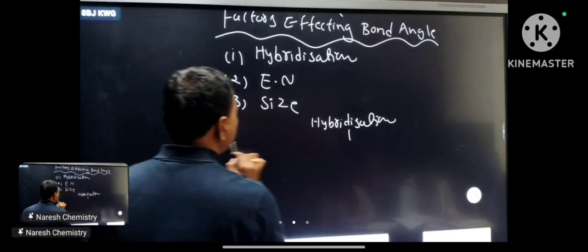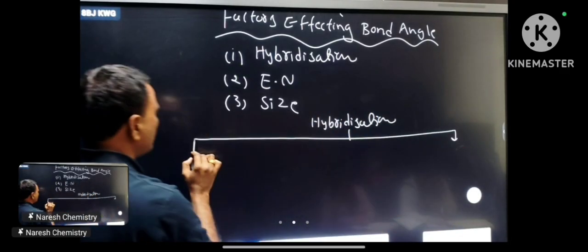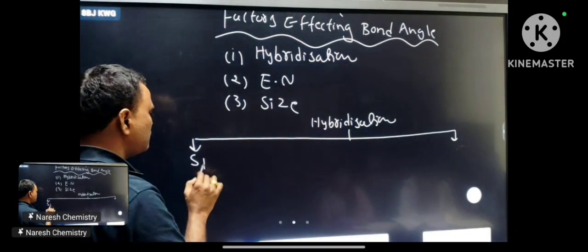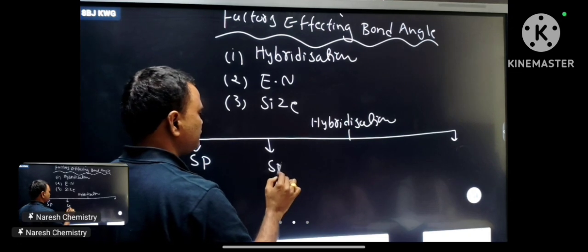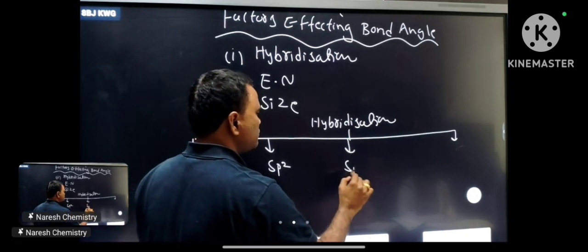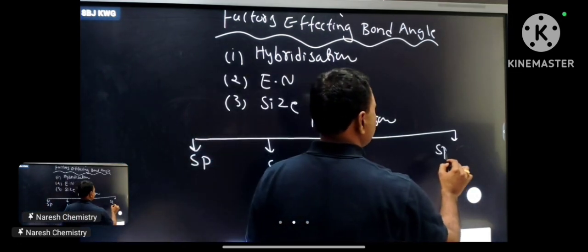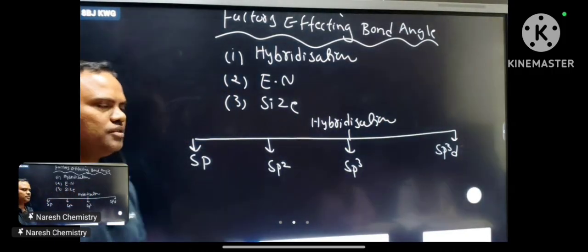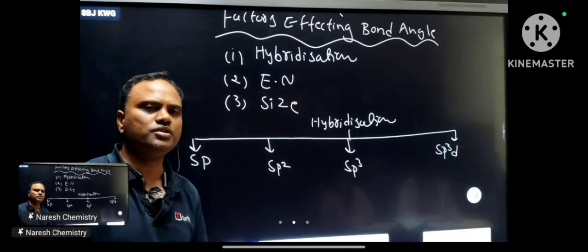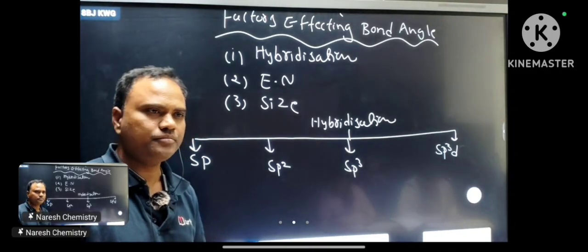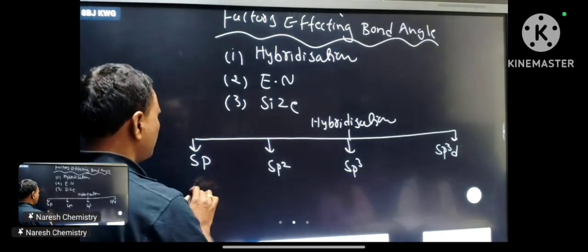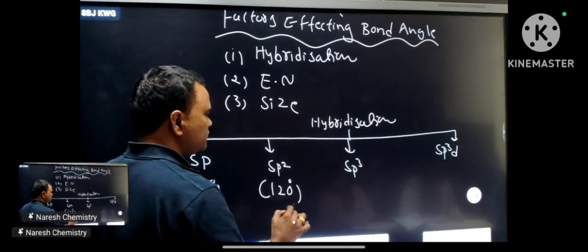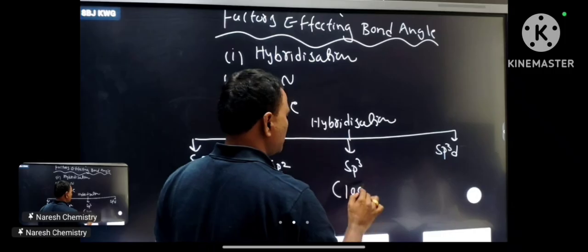If you observe sp hybridization, then what is the bond angle? 180. For sp2, 120. For sp3, 109 degrees.